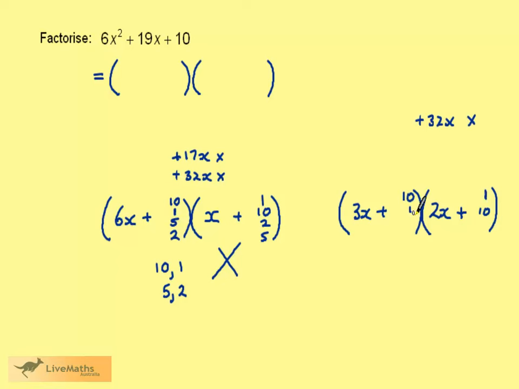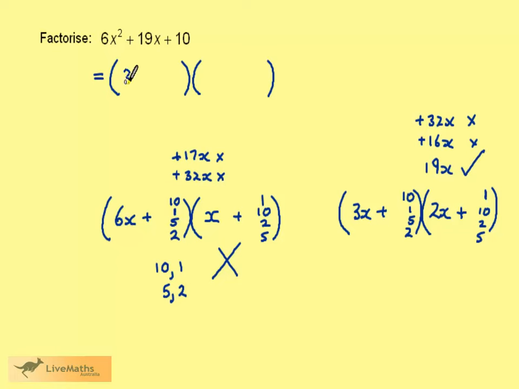Now trying 5 and 2, we get 10x plus 6x, which is 16x. Finally, with 2 and 5, we get 15x plus 4x, which is the 19x required.